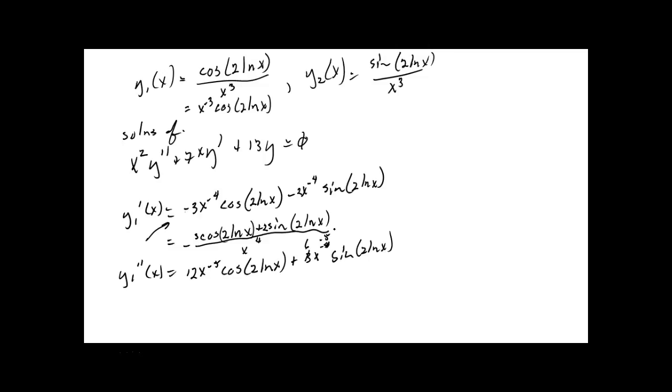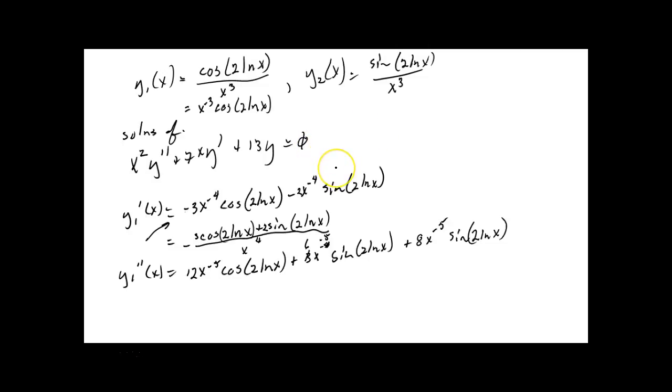Okay? I'm sort of cheating a little bit. Okay? Now let's do that second part. And that will be, that's a 2, and that's minus 4. So that's going to be a plus 8x to the minus 5 sine 2 log x, right?